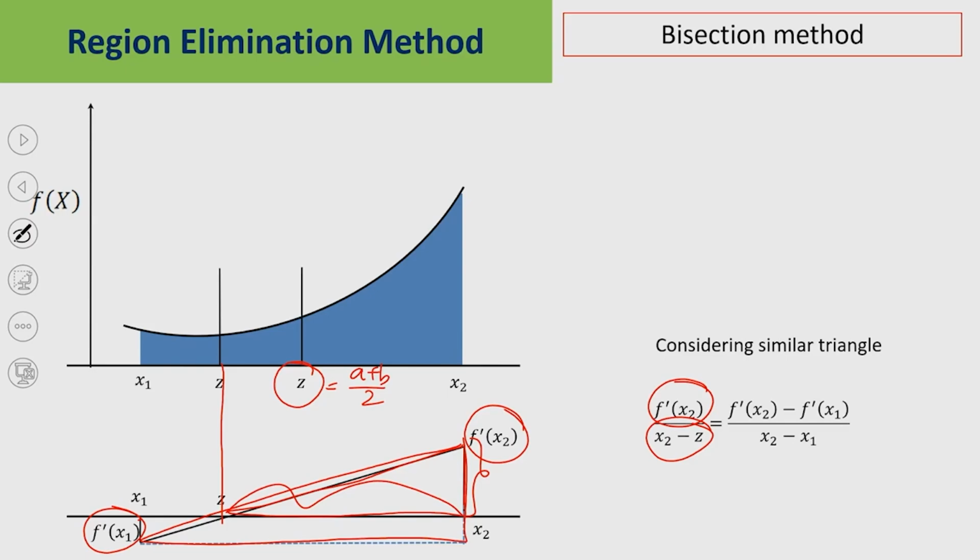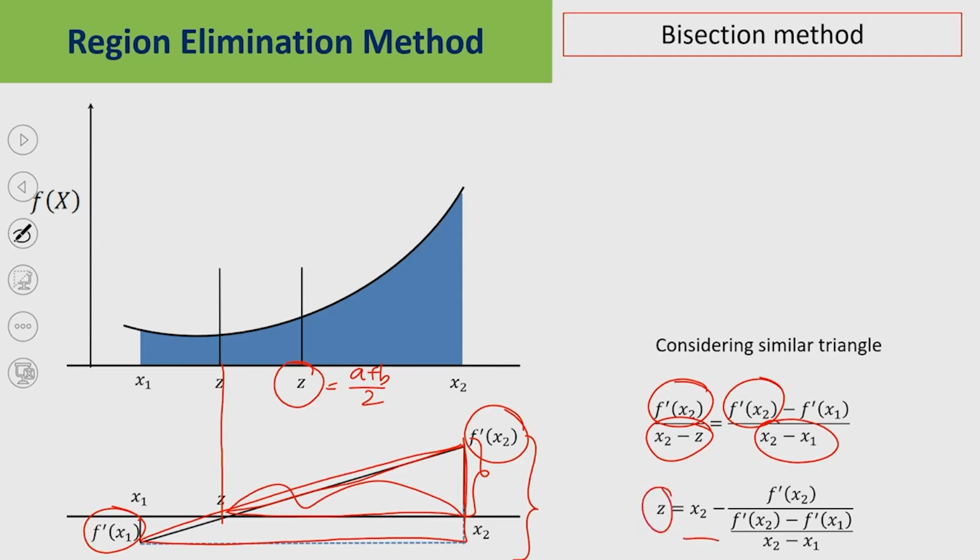Now, from the other triangle, this value is the derivative at x2, f dash x2 minus f dash x1, and the distance is x2 minus x1. If I simplify that, I will get the value of z. So, z equals x2 minus f dash x2 divided by (f dash x2 minus f dash x1) divided by (x2 minus x1). So, I can calculate the value of z.